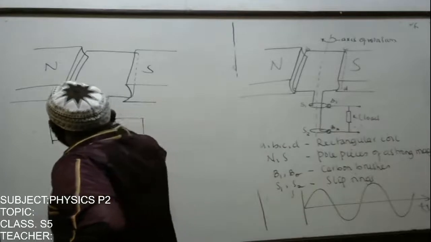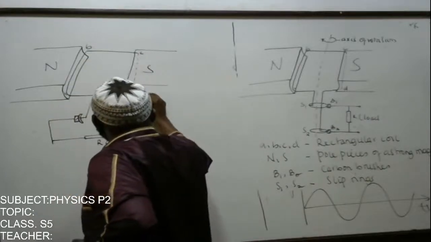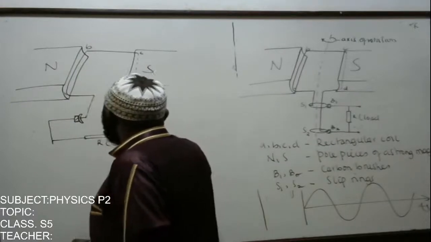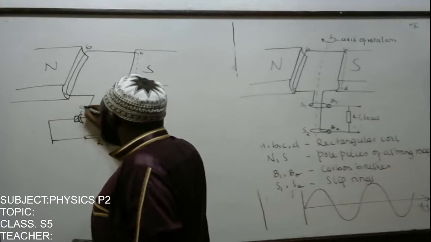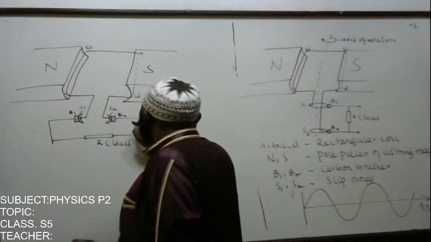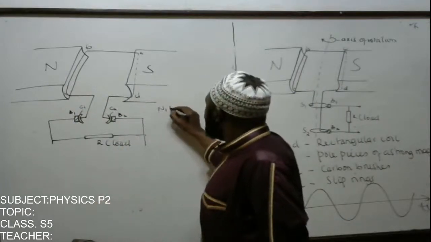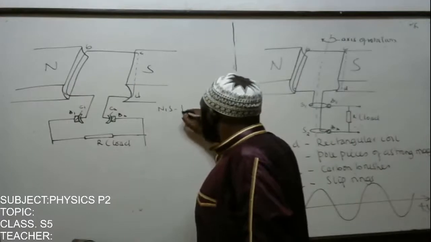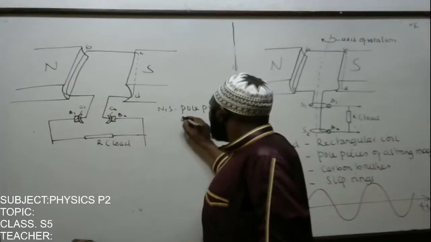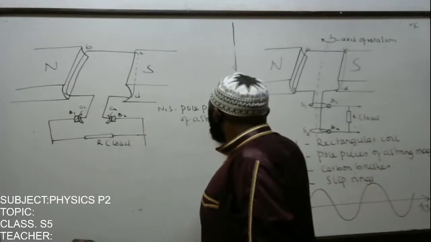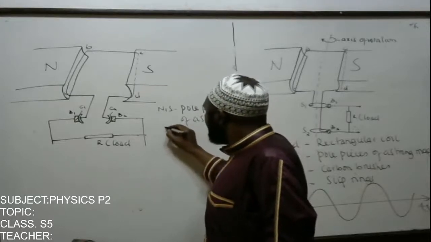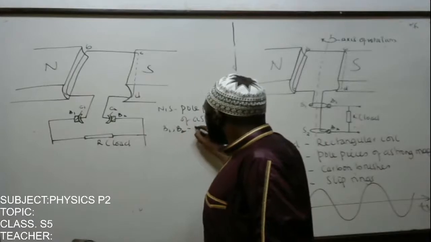So this is A, B, C, D. ABCD is a rectangular coil. These are C1, C2, B1, B2. N and S are the poles of a strong magnet. B1, B2 are carbon brushes.